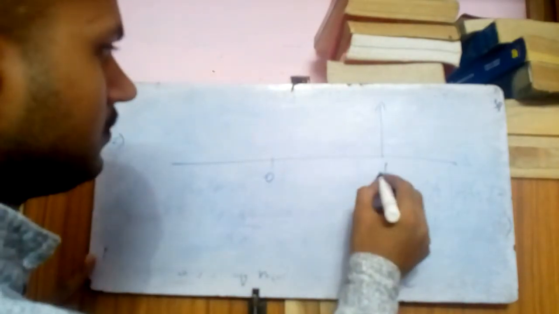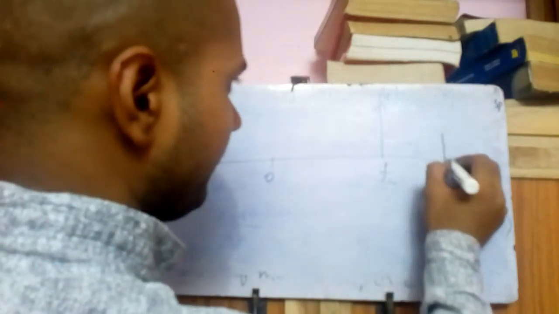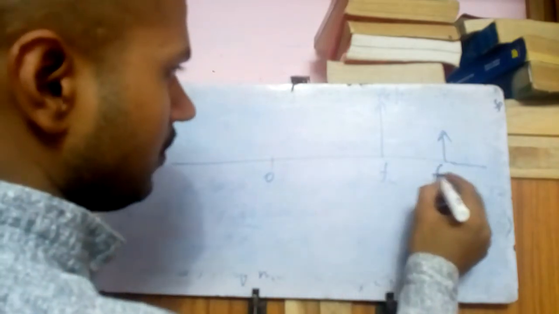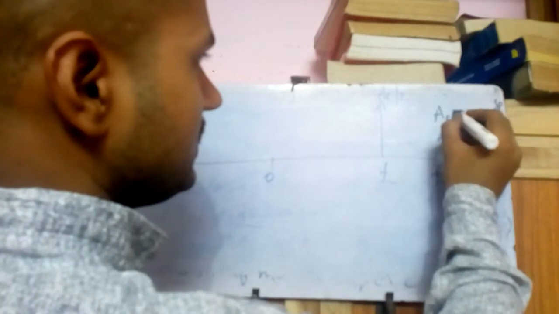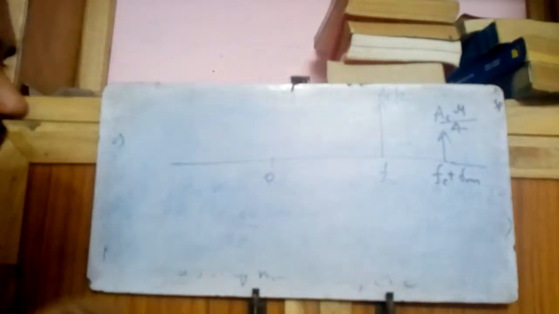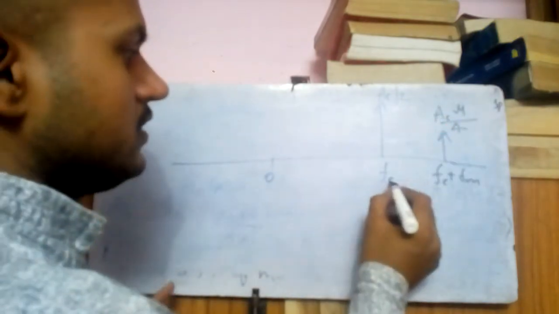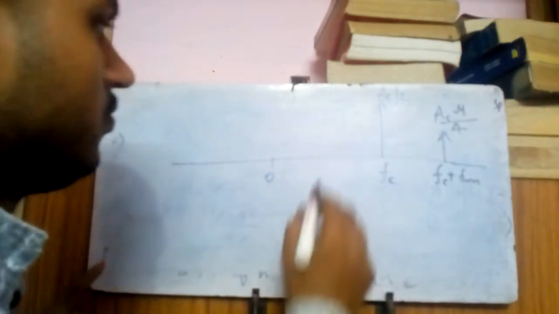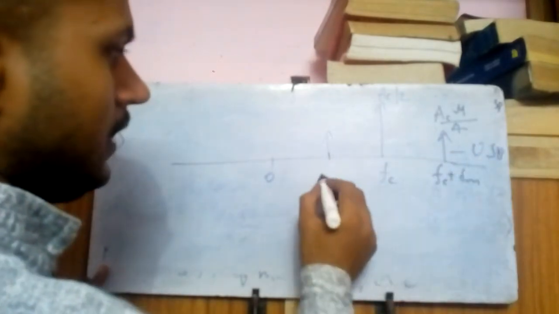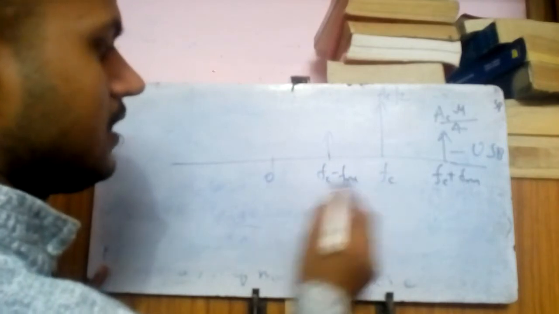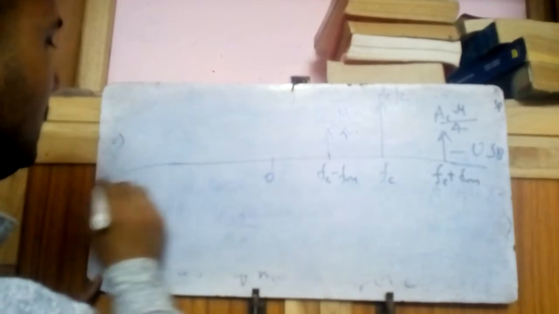At FC, carrier amplitude AC by 2, above FC plus FM, AC mu by 4. The amplitude was AC mu by 2, and in the frequency domain that will be AC mu by 4. That is the upper sideband. And the lower sideband FC minus FM is also again AC mu by 4.